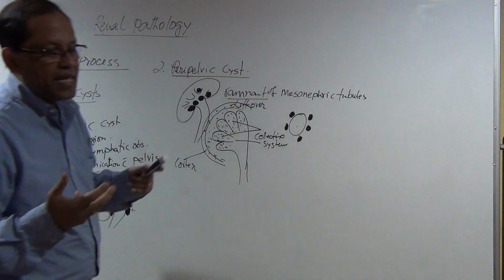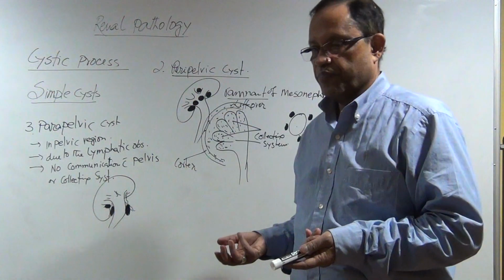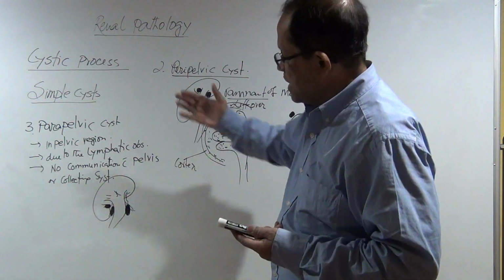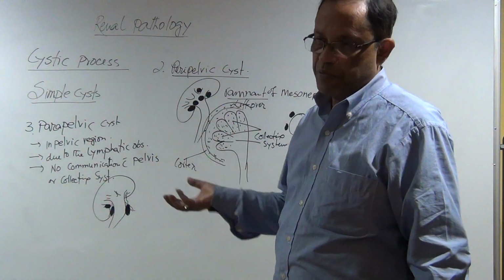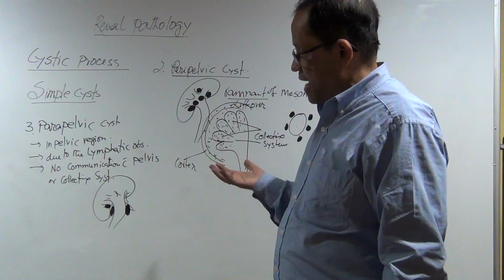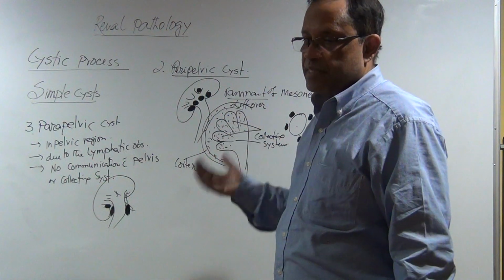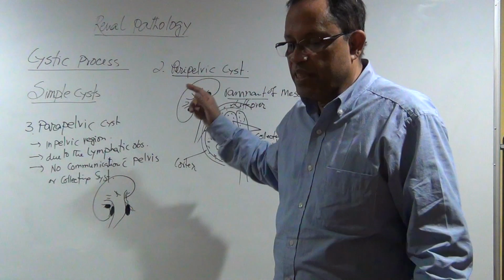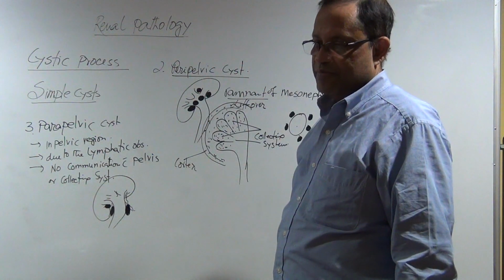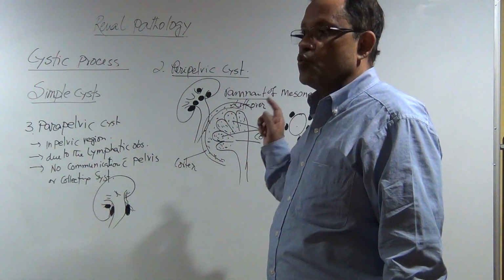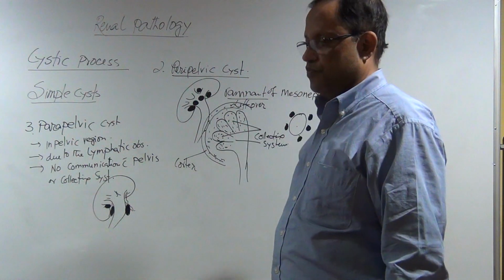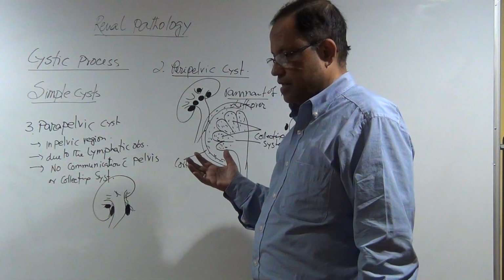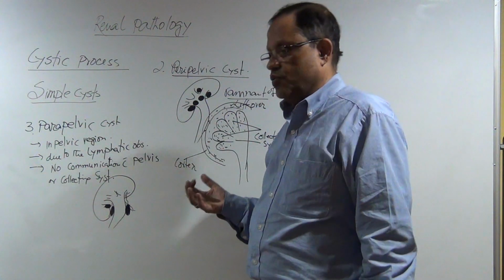So how can you differentiate it from hydronephrosis by the other modalities? Say IVU. IVU can demonstrate that this cyst has no connection with the urine. There is no connection with the collecting system, because of the contrast used for the IVU.